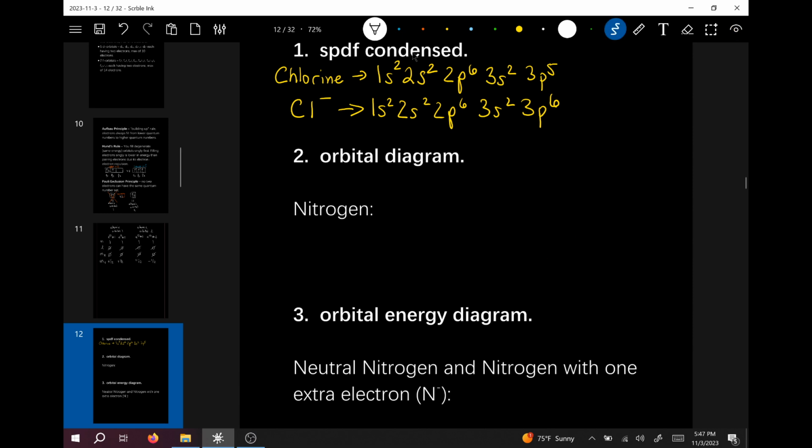So I know that nitrogen has a 1s orbital that I'm going to represent with this box. It has a 2s orbital that I'm going to represent with this box again. And then I have a 2p orbital set where I have 3 boxes, and they're all next to each other. I want to give myself a little bit more space here because I'm going to fill these boxes with electrons.